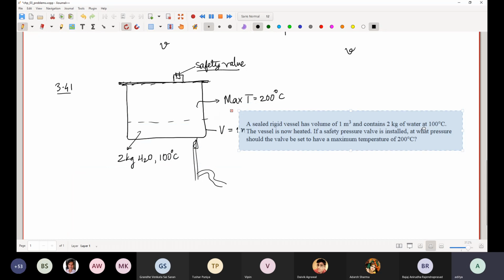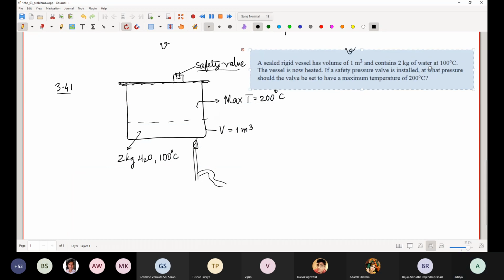So this is the problem. A sealed rigid vessel has a volume of 1 meter cube and it contains 2 kilogram of water at 100 degrees Celsius as shown. The vessel is now heated.